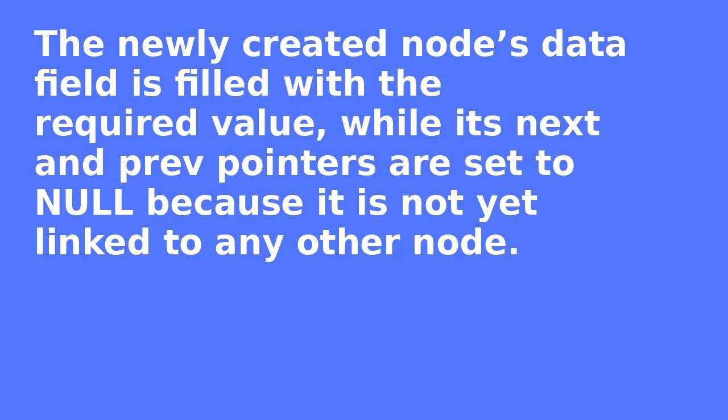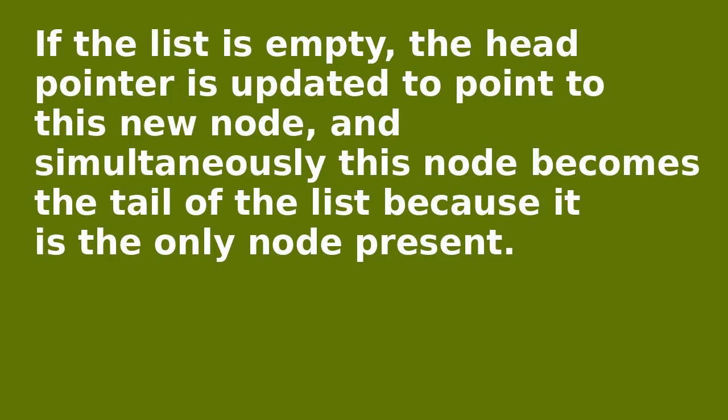The newly created node's data field is filled with the required value, while its next and prev pointers are set to null because it is not yet linked to any other node. If the list is empty, the head pointer is updated to point to this new node, and simultaneously this node becomes the tail of the list because it is the only node present.